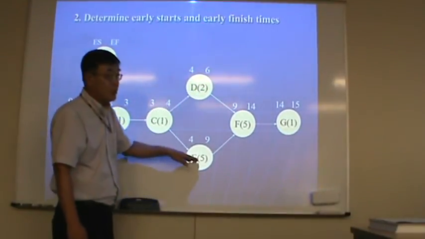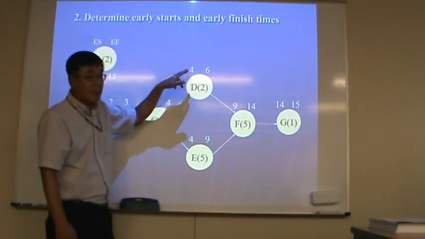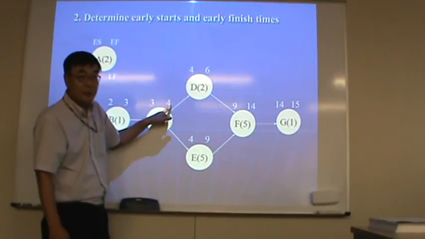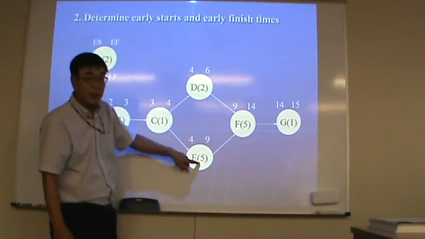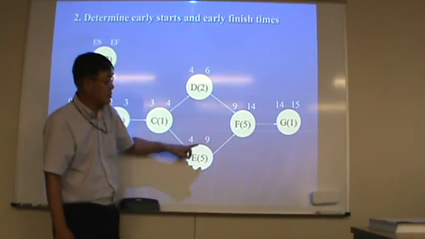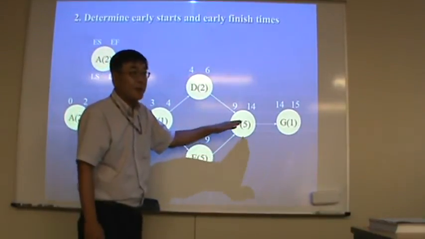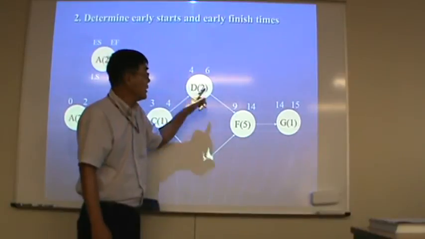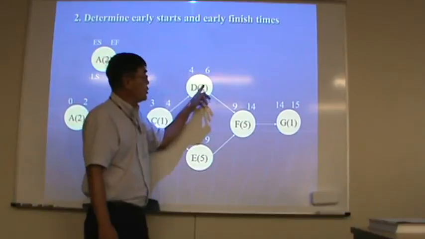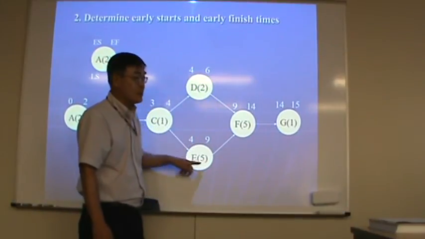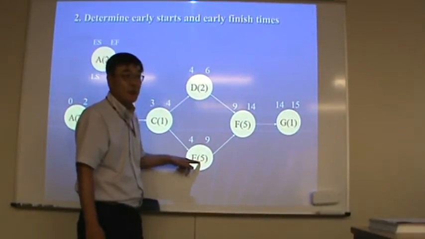Then D and E also, their starting point is 4, after C, right? Then use 2, use 5, plus 2, 6, plus 5, 9, right? Okay, F can start after D and E finish, right? D finishes at 6, but this one is still working, so wait until the later one finishes.